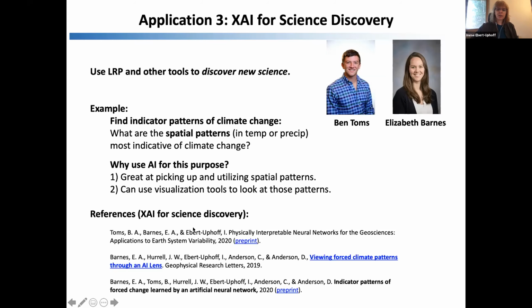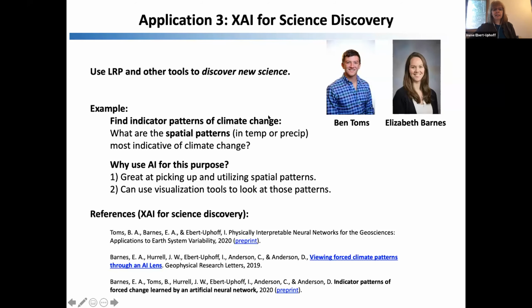Ben Toms wrote a paper on physically interpretable neural networks for the geosciences, where he discusses how you can use LRP to discover new science. And here are 2 papers by Libby, which talk more about how you can use neural networks, and then neural networks with LRP in the last paper, to figure out, for example, indicator patterns of climate change.